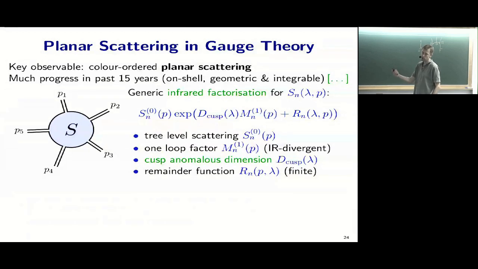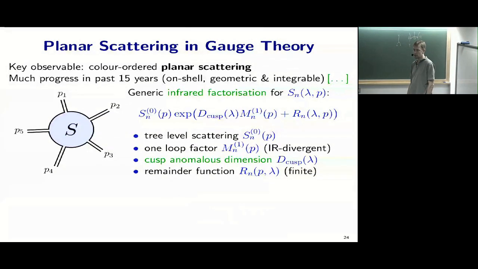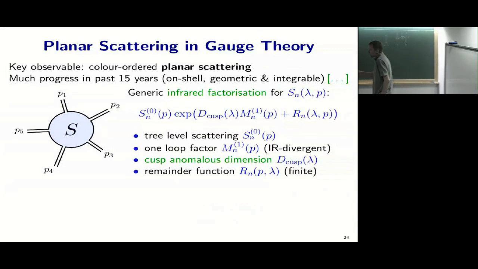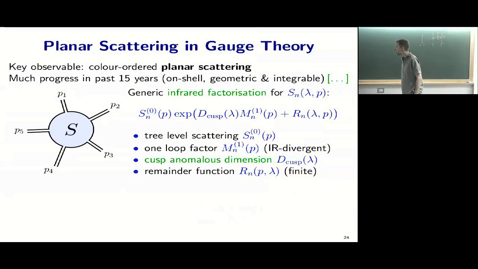You can in principle have 2 cycles or three cycles, but those would correspond to double and triple trace states, or to multiple string states in the corresponding string theory. But all I want to say is that there's an equivalent ordering scheme in the large n limit also for scattering amplitudes, and we are looking here at the leading color behavior, leading large n.